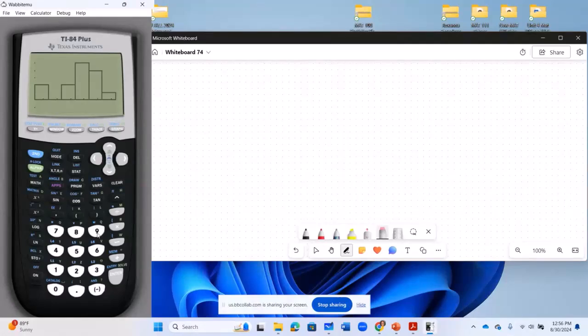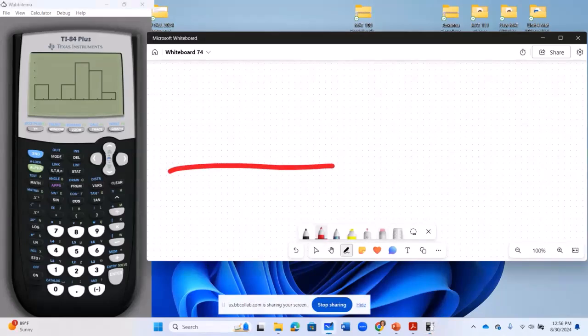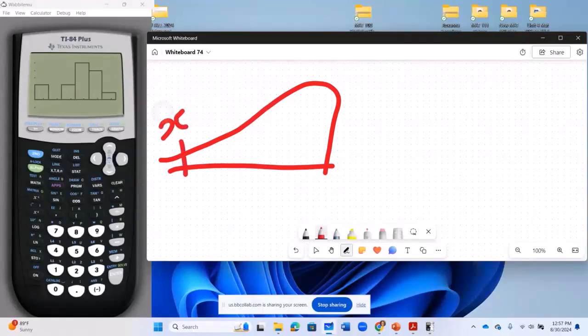Again, if I eyeball this histogram, you will see that the histogram is skewed left. Watch what I'm going to do. Let me draw a density curve that suits this histogram. That density curve is skewed left. In other words, the mean, x bar, is less than the median.